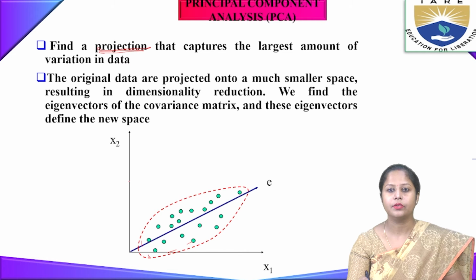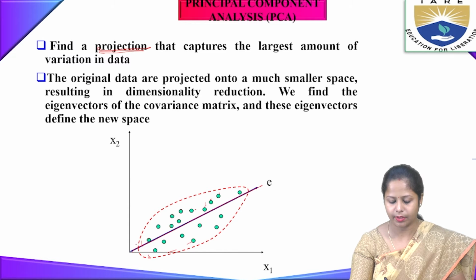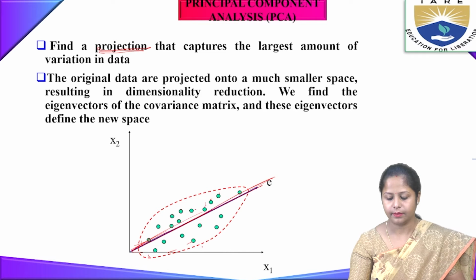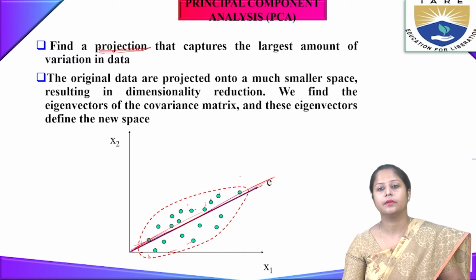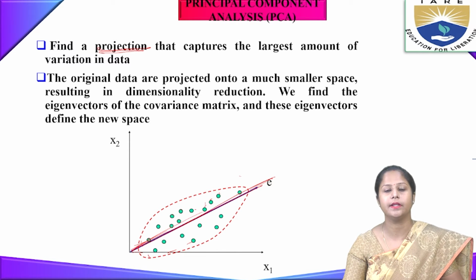We can see here these are some data points on the regression line that are projected together. We have to find the projection that captures the largest amount of variation in data.